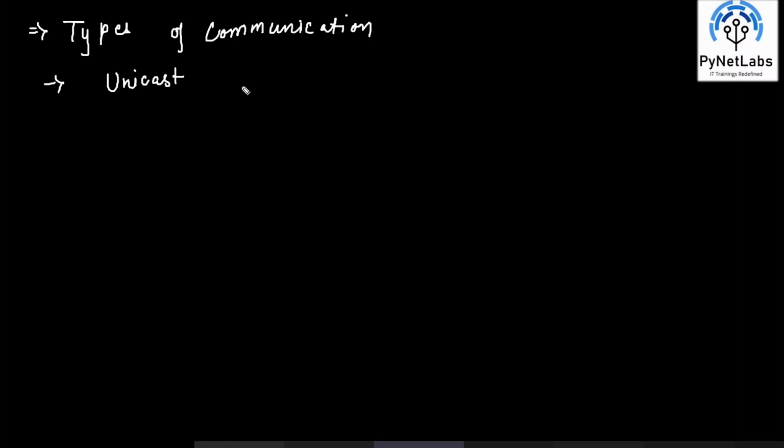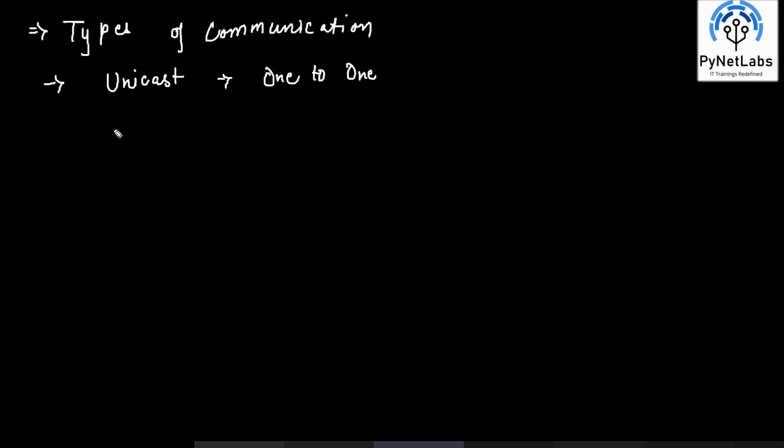Now we will learn more about the types of communication you can make between devices. So basically there are three types of communication. So we are discussing types of communication. The first type of communication we have is unicast, which is one-to-one communication.